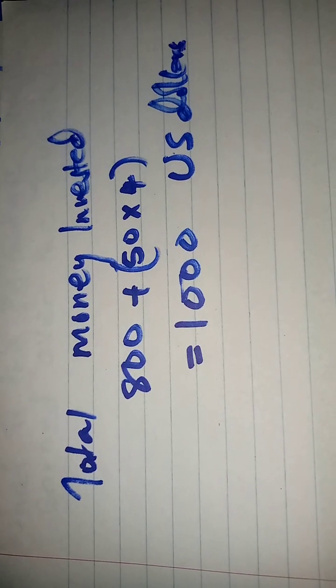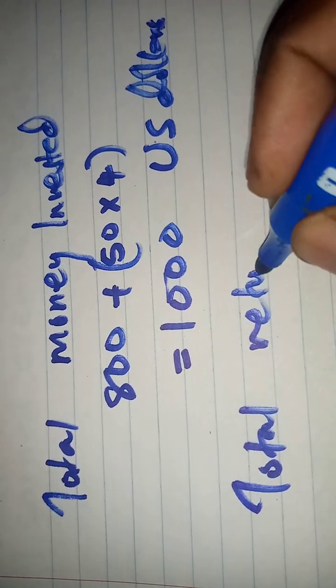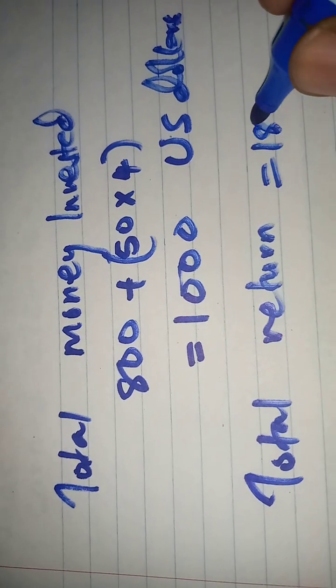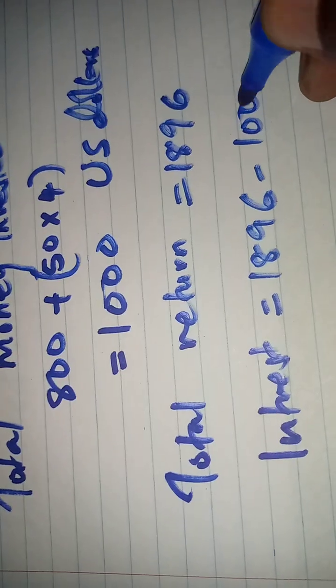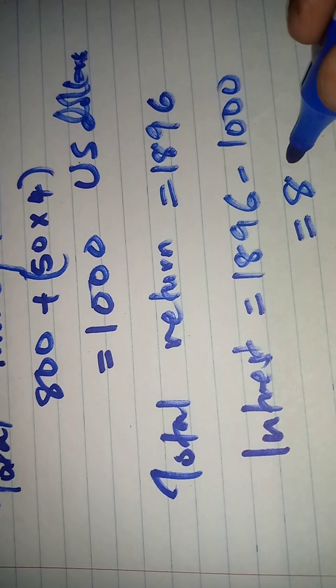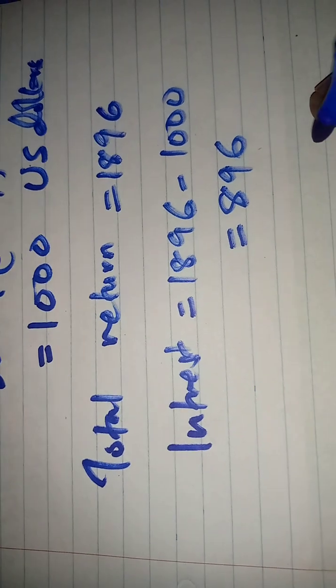And what am I getting by the end of the 5 years? So total return, it was 1896. So when you do the difference, that will be my interest, and you realize I've gained an interest of 896 US dollars.